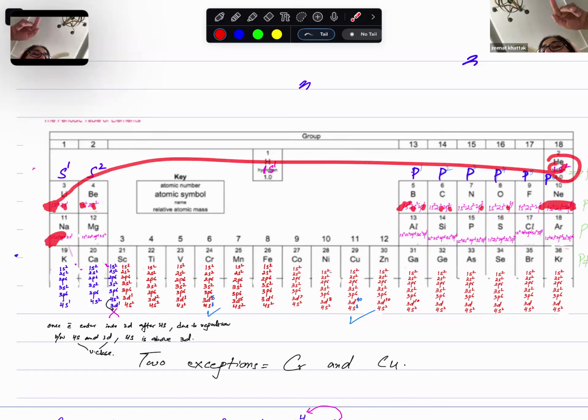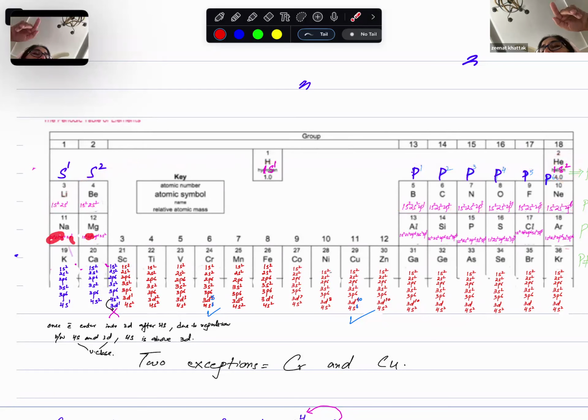This is neon, 3s1, neon 3s2. Neon 3s2 3p1, 3p2, 3p3, 3p4, 3p5, 3p6. Argon. Argon 4s1. Argon 4s2. Argon 3d1 4s2, 3d2 4s2, 3d3 4s2, 3d5 4s1.